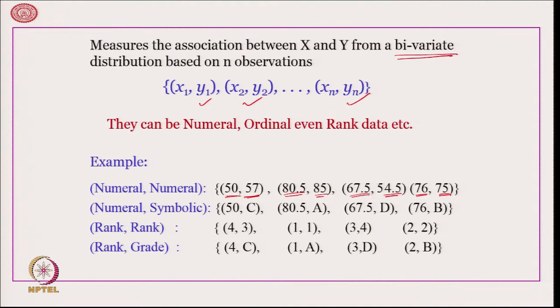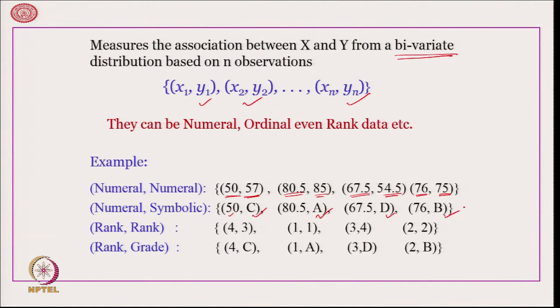Again, one of them can be numeral, but the other can be symbolic. Many institutions give grades instead of marks, and suppose the grades obtained by the 4 students in the second subject are C, A, D and B respectively.